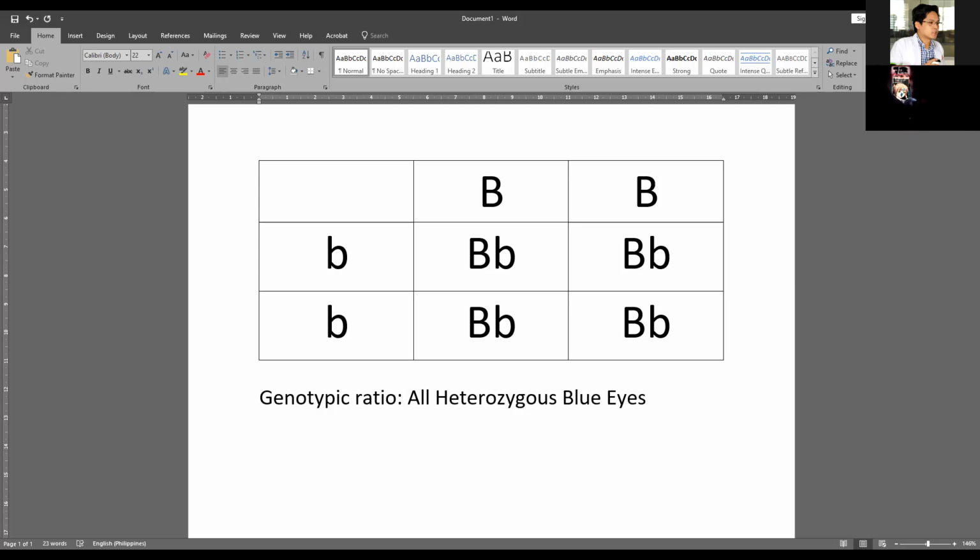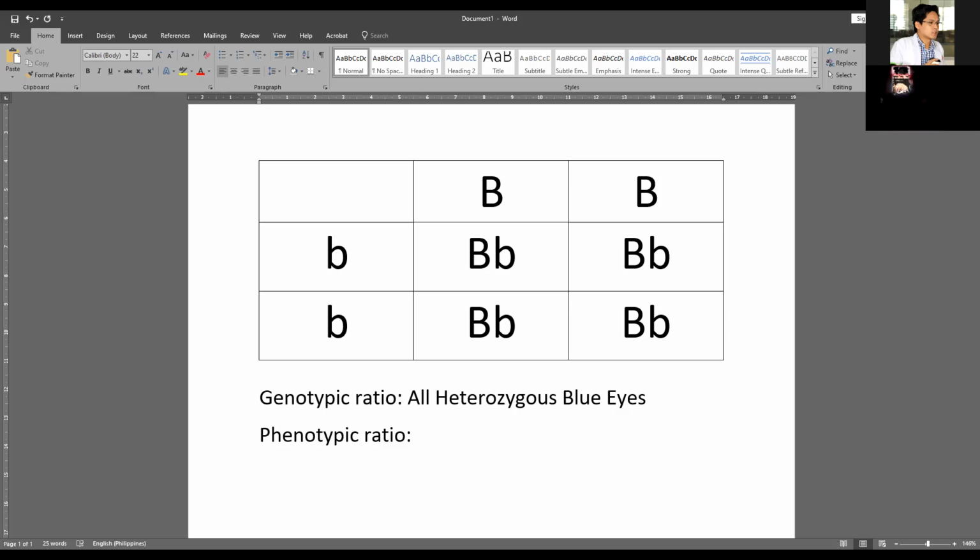How about for phenotype or phenotypic ratio? For the phenotypic ratio, remember that these are the physical characteristics, the ones that you can actually observe, the observable traits.